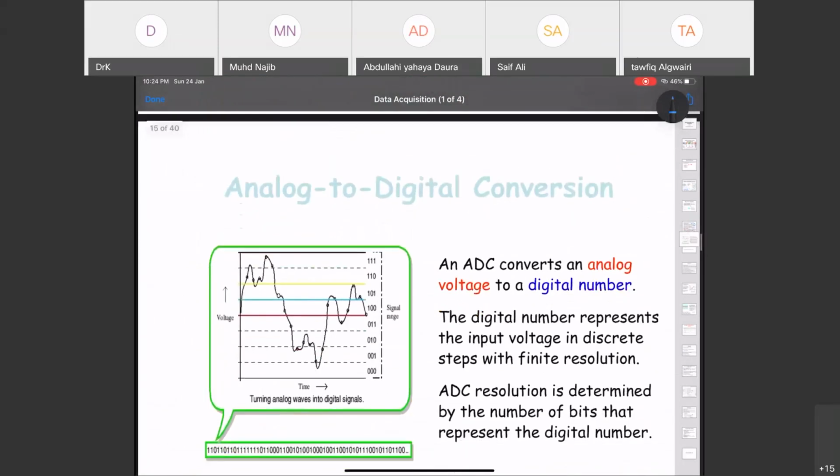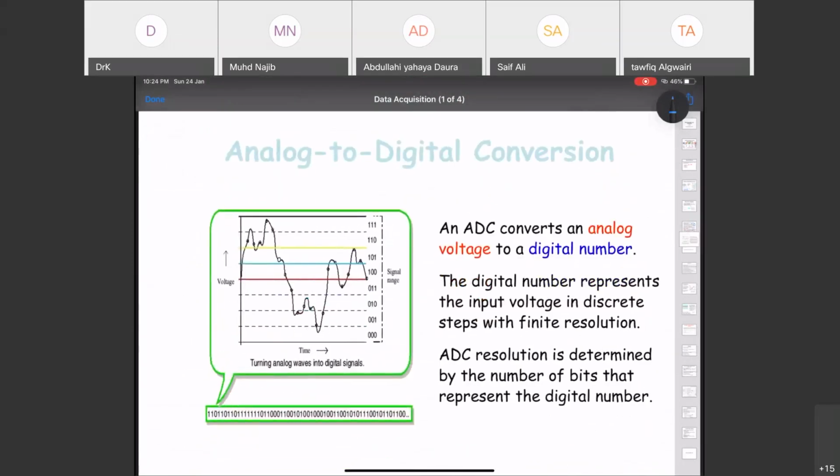So, analog to digital conversion, basically. Just now, you know about the input signal, which is a signal that comes from your sensors, after it comes from your signal conditioner. It varies from 0 volts up to the maximum operating voltage of your instrumentation system.